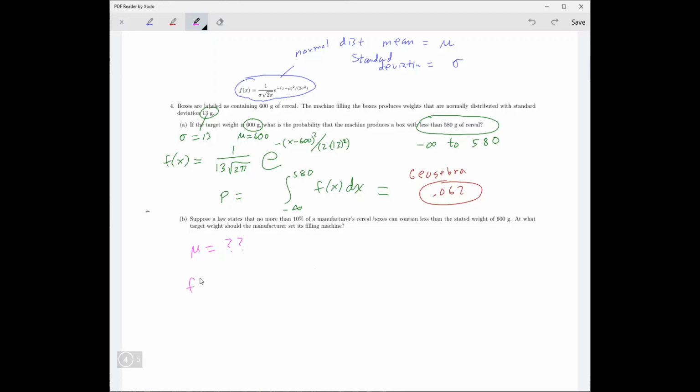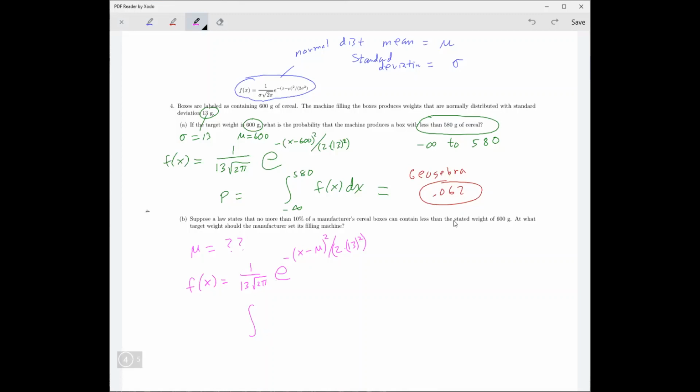Okay, so now the function is this right here. The standard deviation is still 13, like that. Okay, so now the function is this, but the mu is kind of left up in the air, and you want to know, you don't want to have any more.